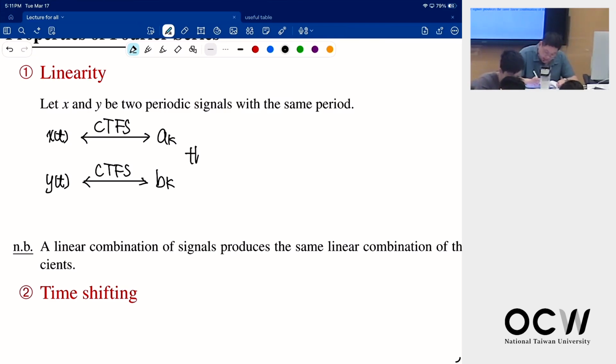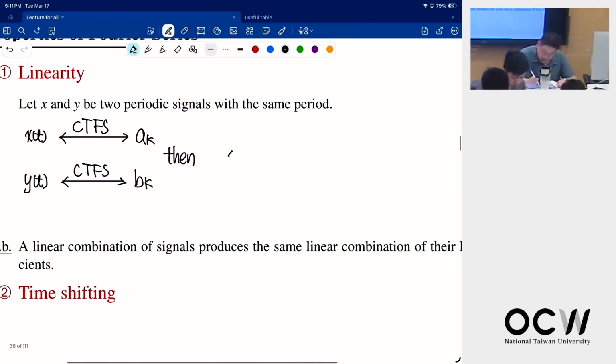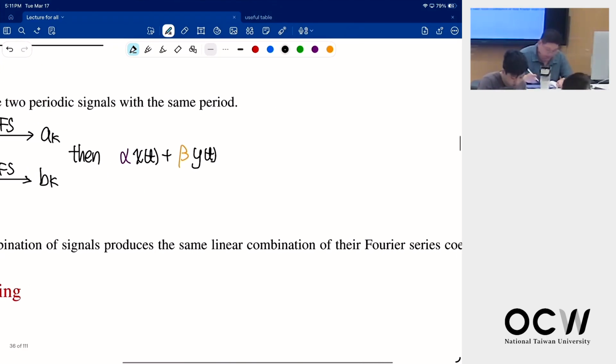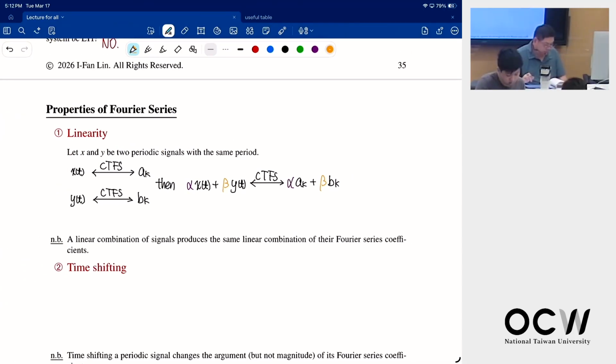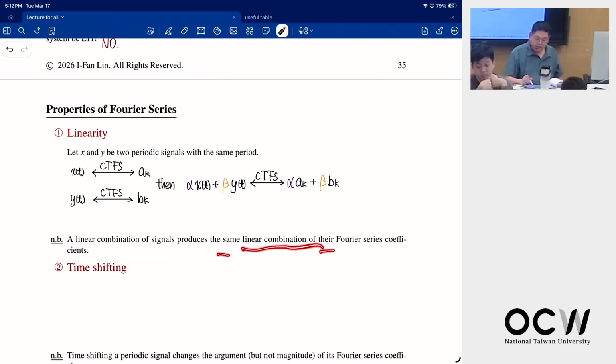Then the linearity says that if I combine these two signals with different coefficients, alpha and beta, their coefficients are also the same linear combination. So the linear combination of signals will produce the same linear combination of their Fourier series coefficients.